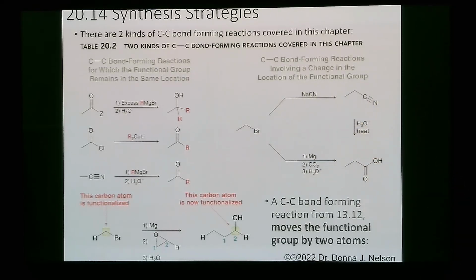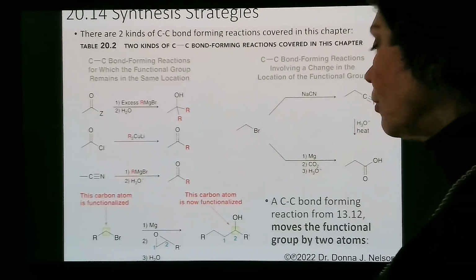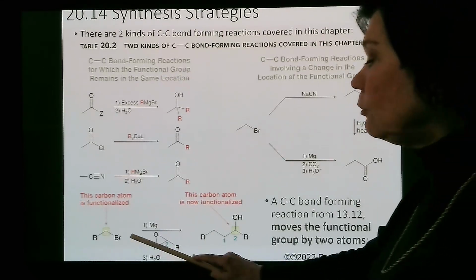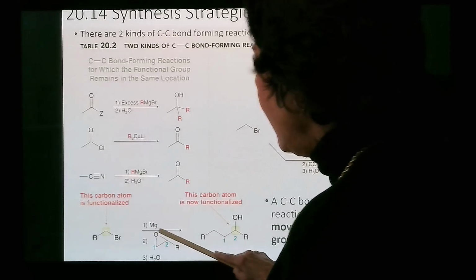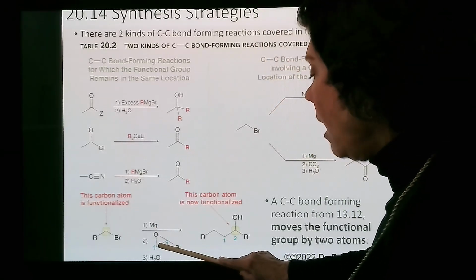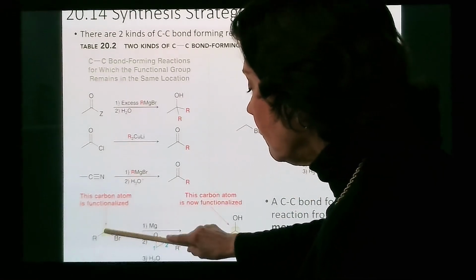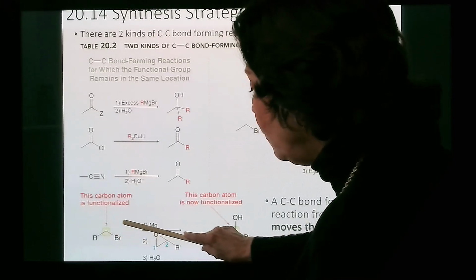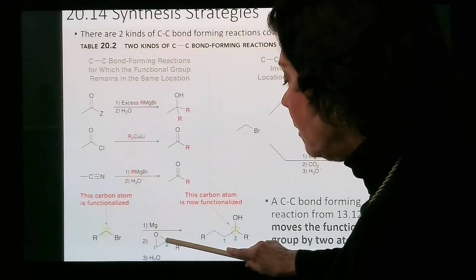And you can think back onto the reactions in chapter 7 and also, I believe, in chapter 13, where the functional group starts out and then it reacts with an epoxide. So here, this carbon will become attached to carbon 1, and the functional group now winds up on carbon 2.